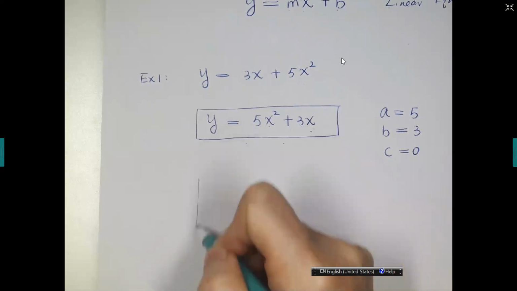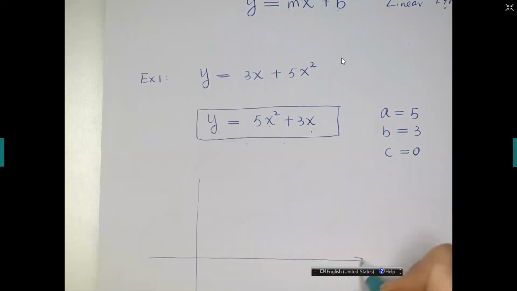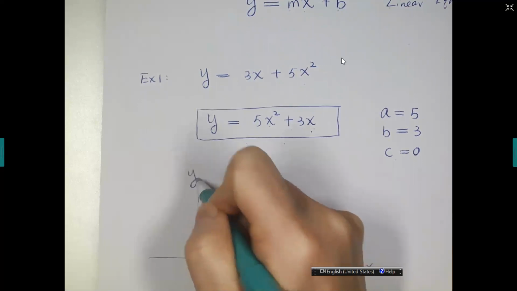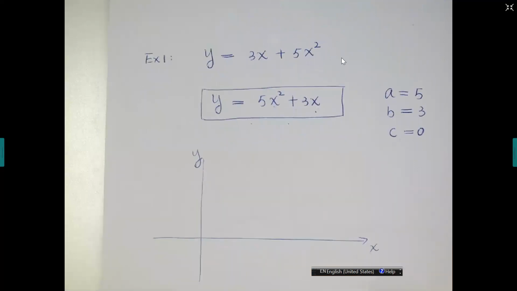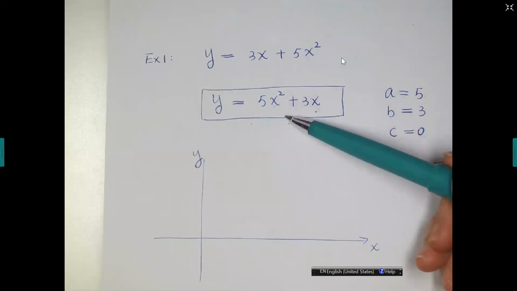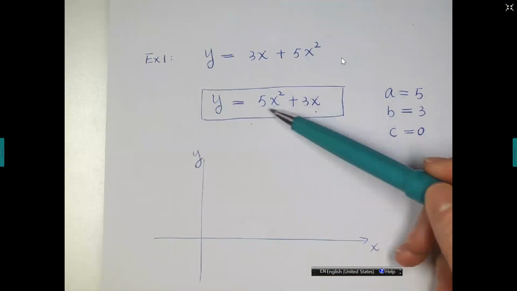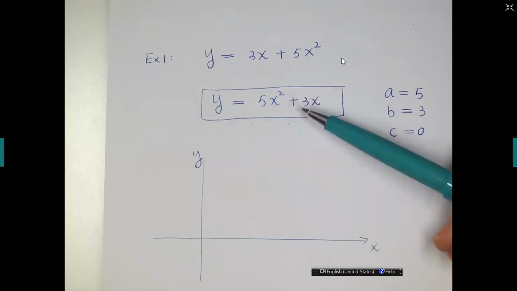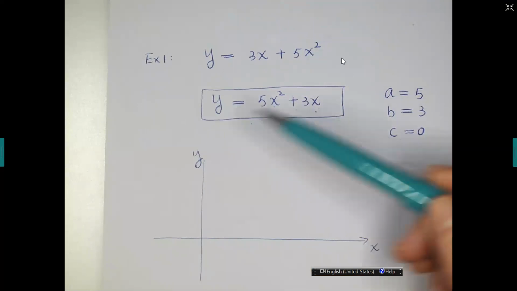So first we'll have an XY Cartesian coordinate system. For every single quadratic equation, we plot them by finding a few points which satisfy the equation. This equation has numerous solutions. Whenever we have an x, we will have a corresponding y. If we give x another number, we get another corresponding y.